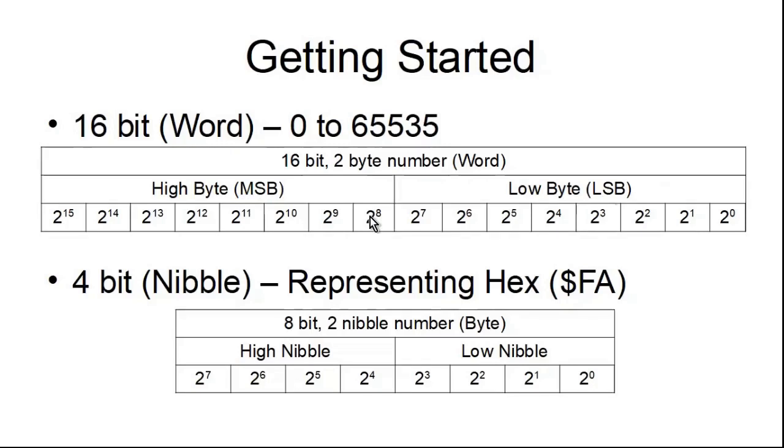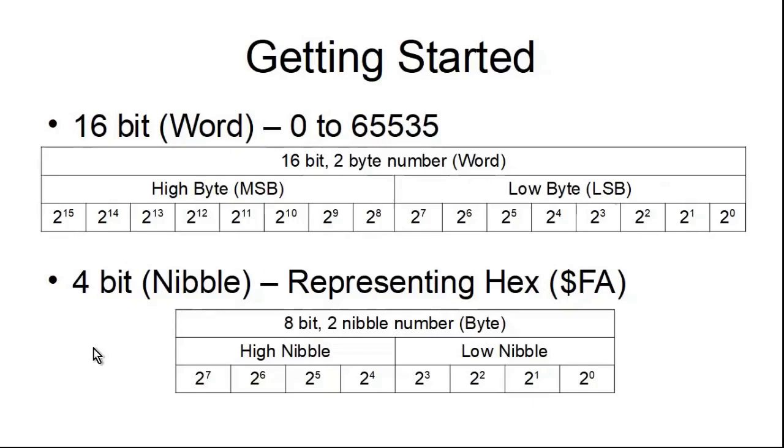You just continue on with the next order of the base, so you go from 2 to the 8th power all the way to the 15th power. Once you figure out which ones have 1s in there, you take 2 to the power of each of those digits, add all those up, and you get the decimal value of that 16-bit word.